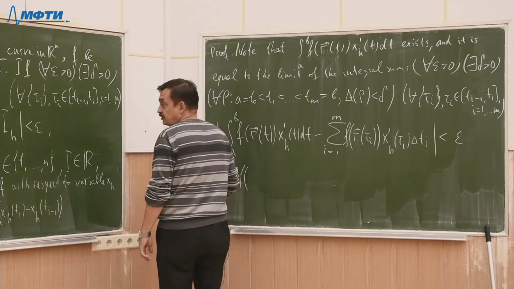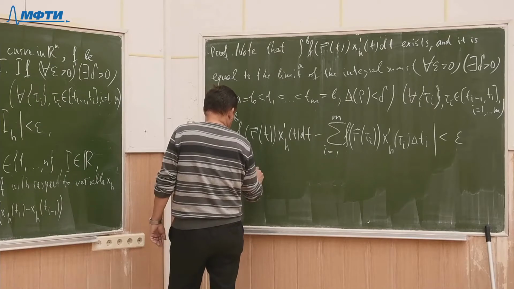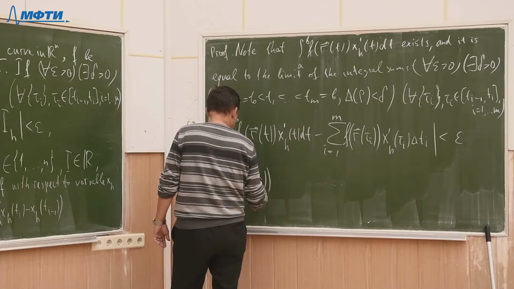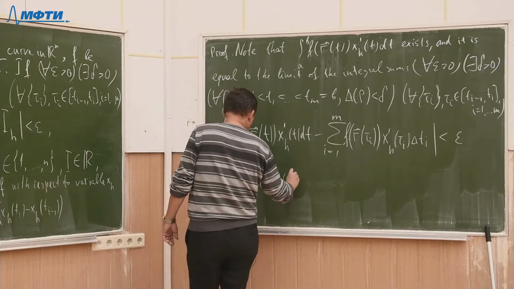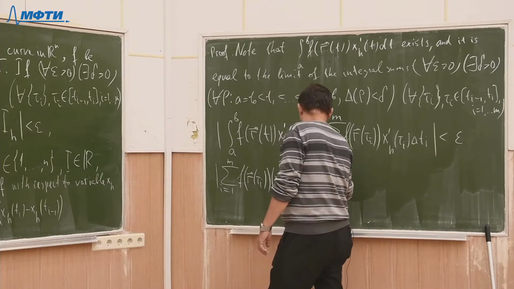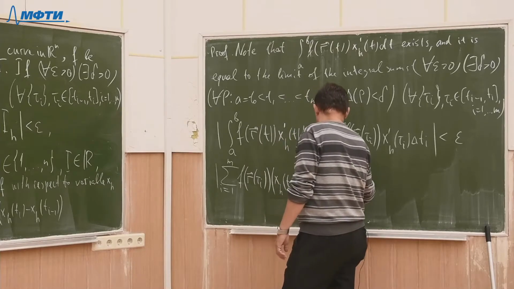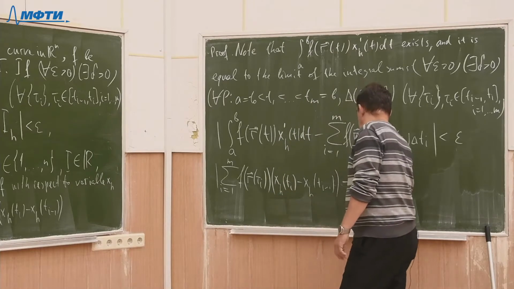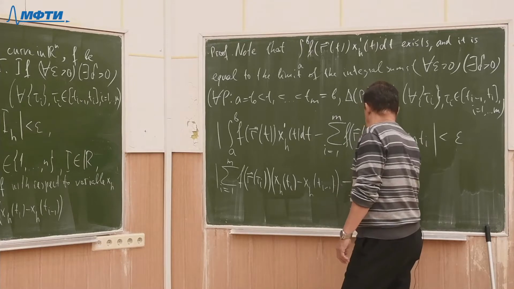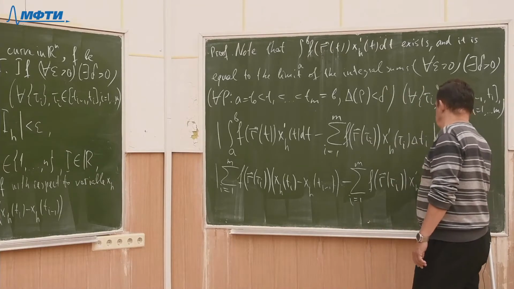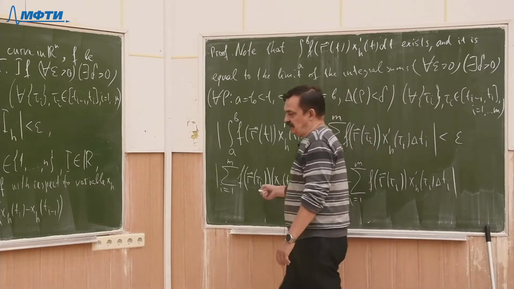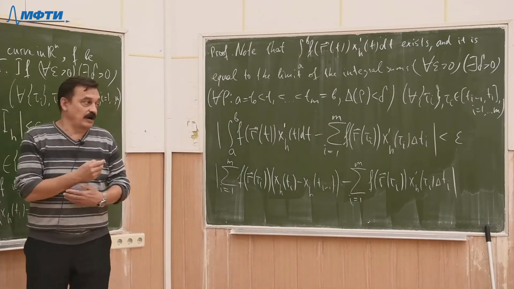So let me write f of r of tau_i times x_h of t_i minus x_h of t_{i-1}, minus this integral sum which appears in that line. So we need to estimate this difference. Why?